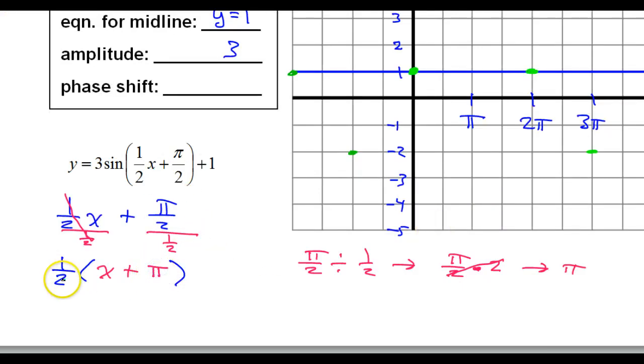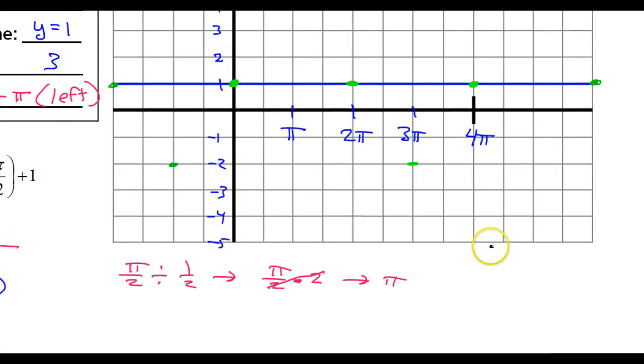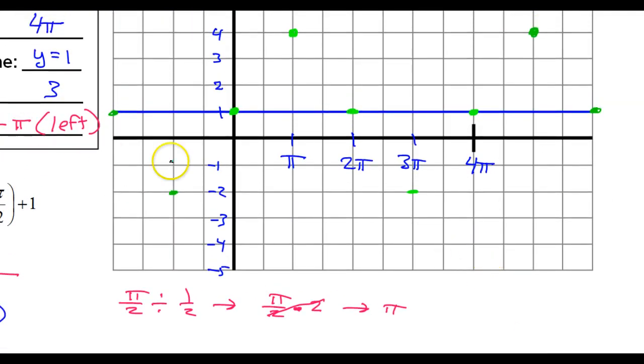And with the 1/2 out front like that, that means this will be the phase shift, except it's the opposite of the sign. So it's actually going to be a negative pi, which means that we are going to the left. So I need to move each one of these skeleton points to the left pi.